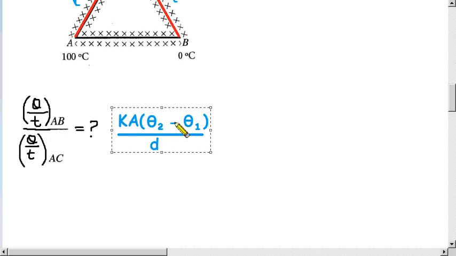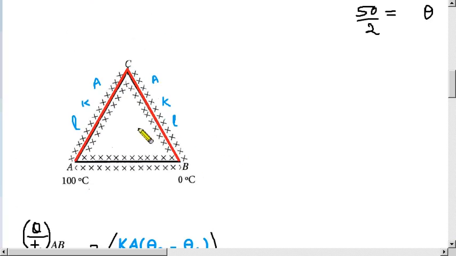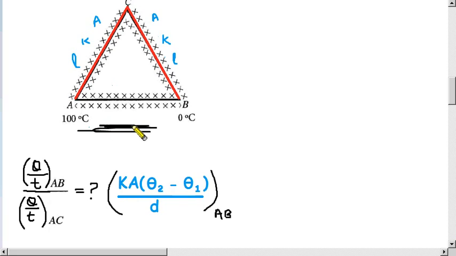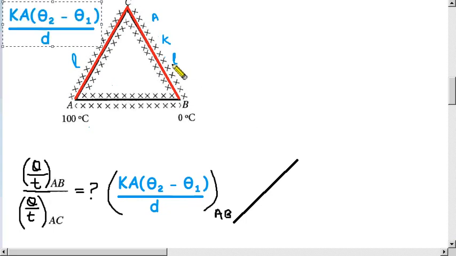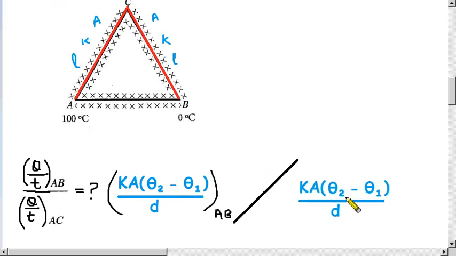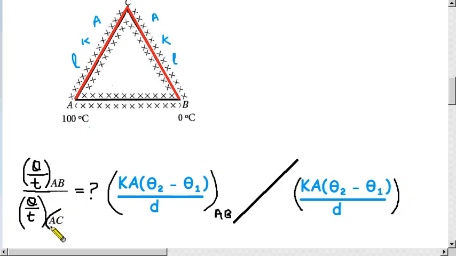So we write this one for AB, the rod AB, and then we divide this thing by this term. This term is for rod AC.